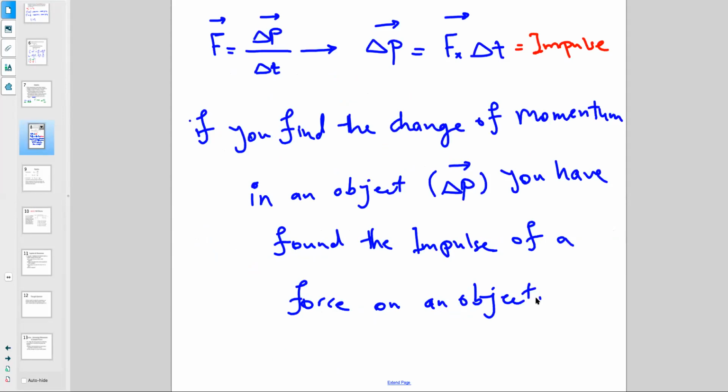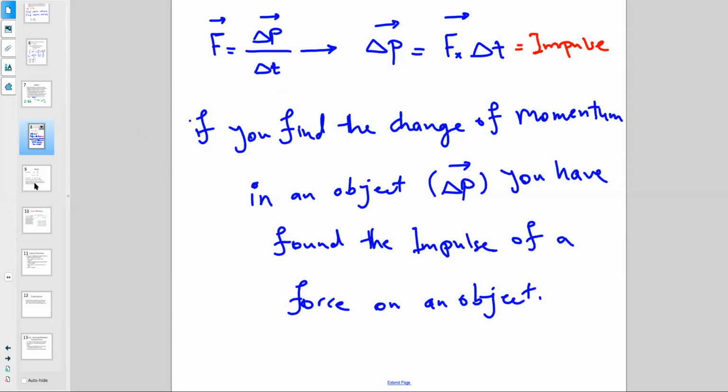So if a problem is asking you what the impulse of this force is, either you have a force and the time and you can multiply them, or you have the information about the momentum and you can see how much the change of the momentum is. Either way, this will be equal to the impulse.